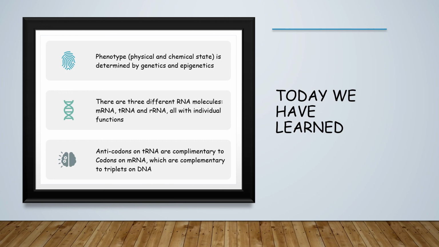We've also looked at there being 3 different RNA molecules, which is new information: mRNA, which you've come across before, but also now tRNA and rRNA, and they all have individual functions within the protein synthesis process. And we've also talked about anti-codons on tRNA, which are complementary to codons on mRNA, which are then complementary to triplets on DNA, and how you need to understand that relationship, more of which we'll talk about in coming lessons on protein synthesis.